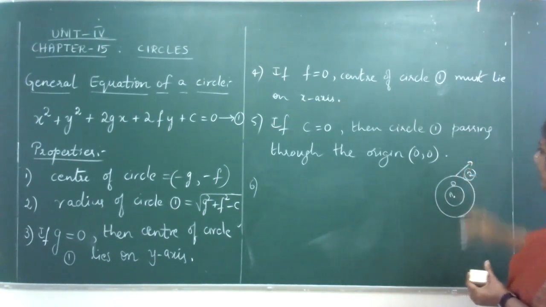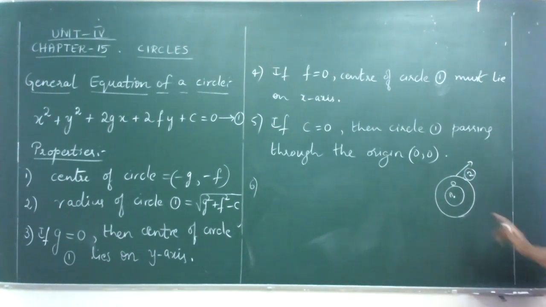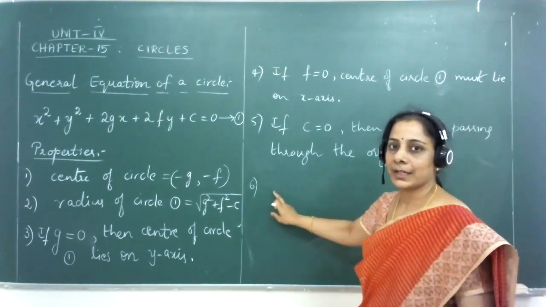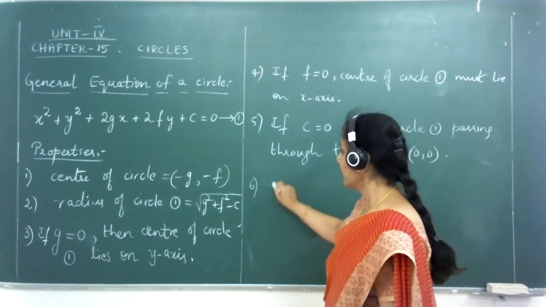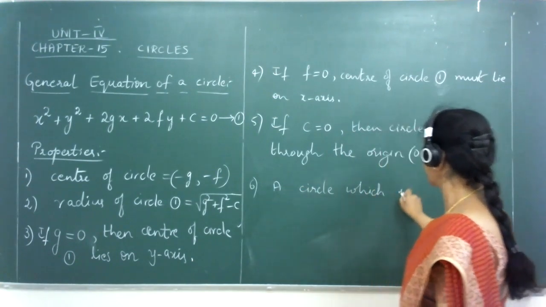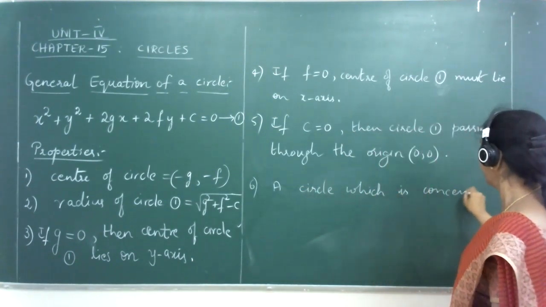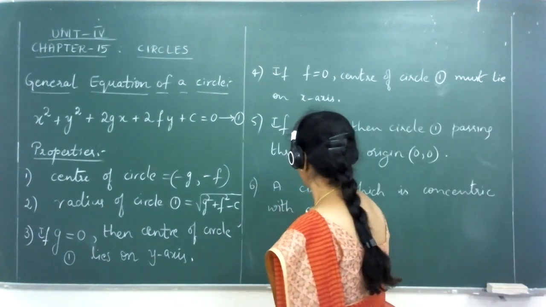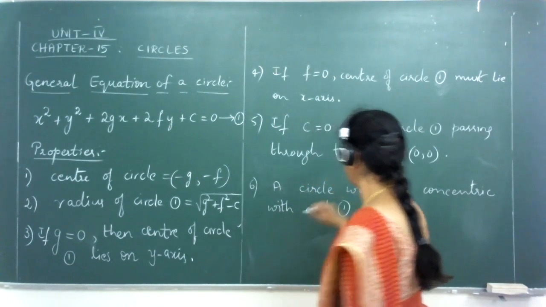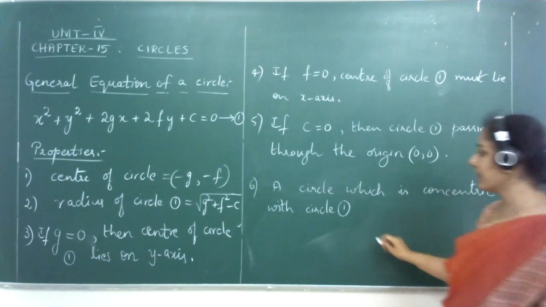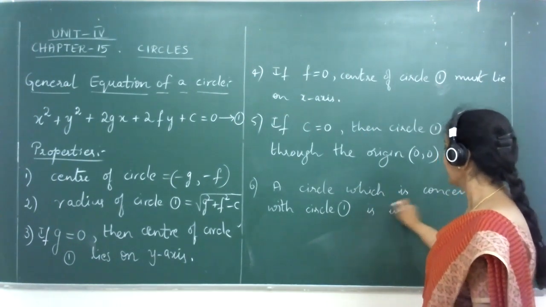So if I have the equation of the second circle known to me, then it becomes very easy for me to arrive at the equation of the first circle using the sixth property that we state here. So a circle which is concentric with the given equation, circle 1, which is in the general equation form, is in the following form.